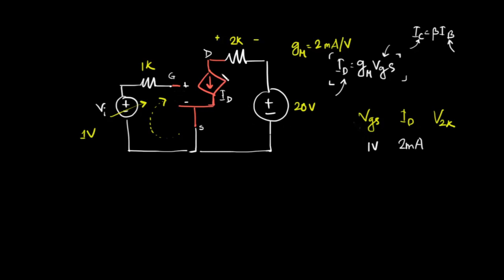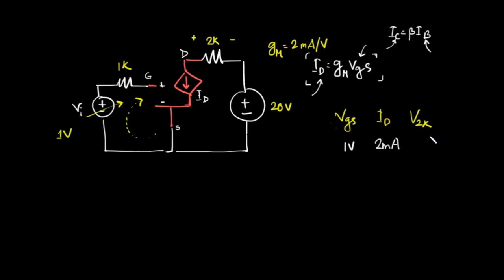Since ID is flowing through this 2K resistance, then, exactly like our BJT case, the voltage will be, oh sorry, 4 volt. If 2 milliampere current is flowing through 2 kilo ohm, then this voltage will be 4 volt.